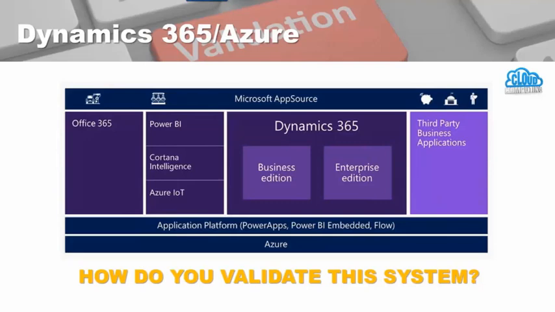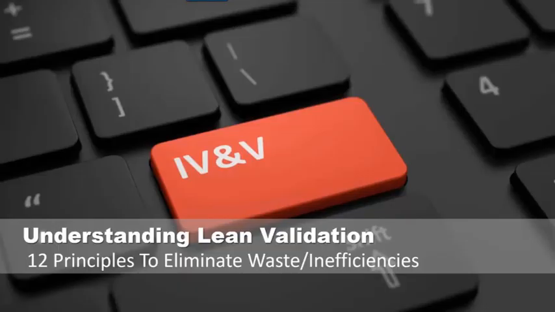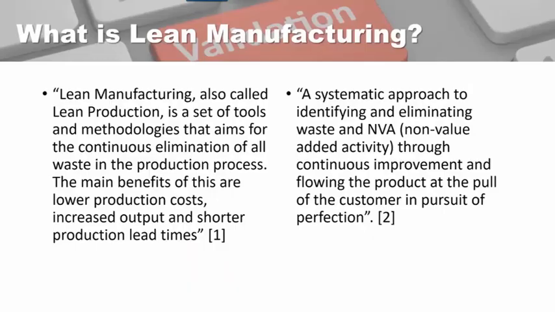Before we start talking about that, let's talk about lean validation for just a second. And you've probably heard of lean manufacturing. Let's take those lean principles that are designed to eliminate waste and inefficiencies and apply them to validation. So many of you who've probably been around the manufacturing area, you've heard of lean. Lean is a technique developed by Toyota, and it's a set of tools and methodologies designed for the continuous elimination of waste across the production process.